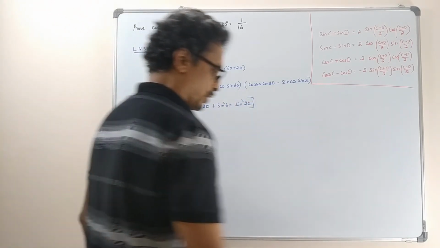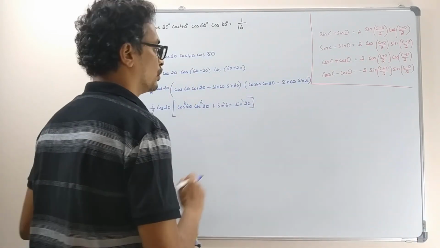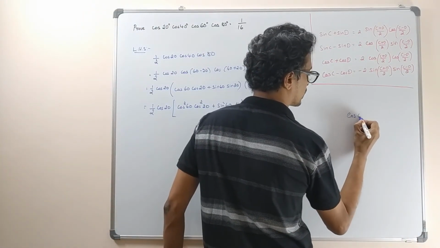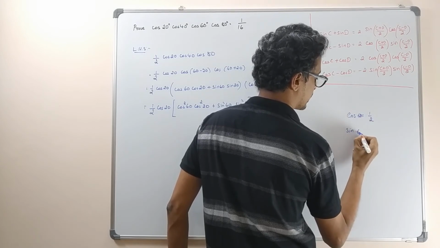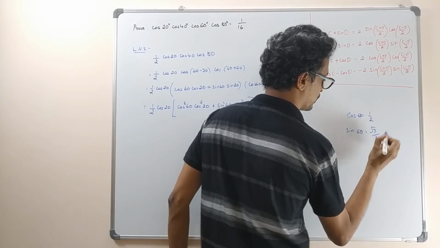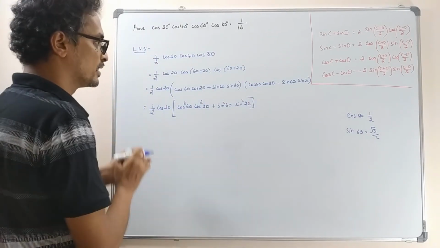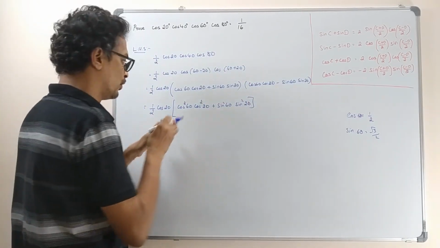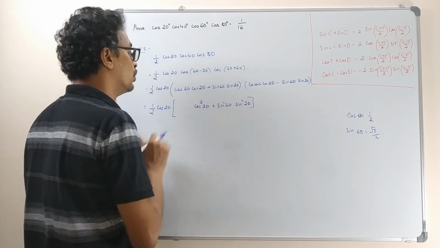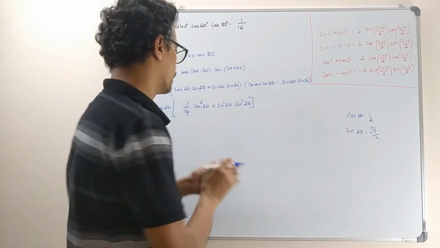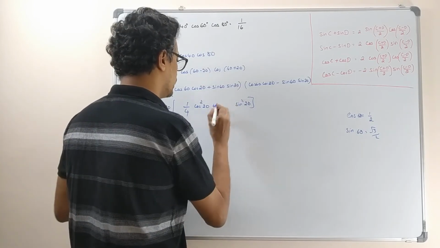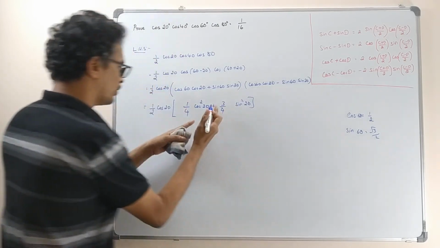So let us substitute. So cos square 60 is what? If you remember, cos 60 equals 1 by 2 and sin 60 equals root 3 by 2. Okay, so cos square 60 will be 1 by 4. Correct? So this is going to be 1 by 4 and sin square 60 will be 3 by 4. Correct? Let me take the 1 by 4 commonly outside.